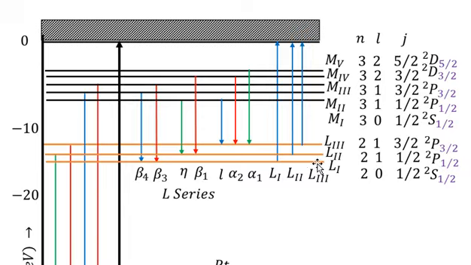That is, you know that L1, the series limit, starts from L1 to the continuum. Similarly, the series limit L2 starts from level L2 to the continuum. Similarly, the series limit L3 starts from level L3 to the continuum.